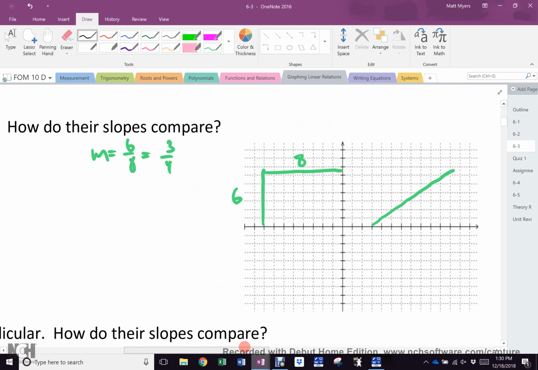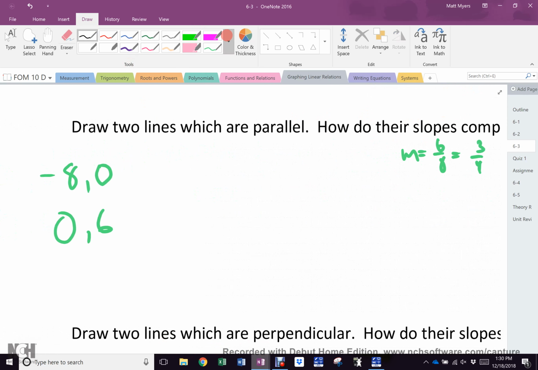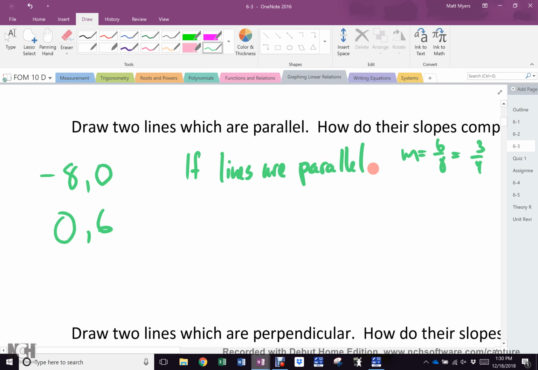Now, the next one is going to take two things to explain. First, what does perpendicular mean? Not necessarily. Perpendicular things, because it doesn't have to be a line, perpendicular things meet at 90-degree angles, like a floor and a wall.